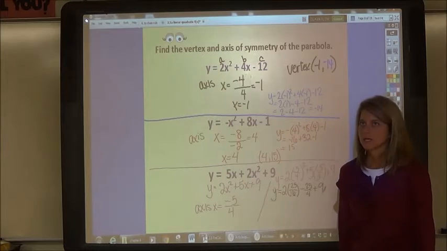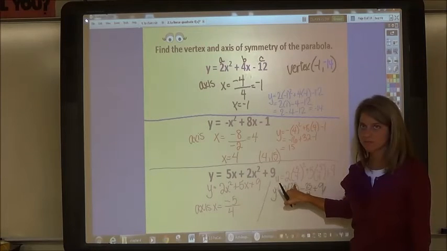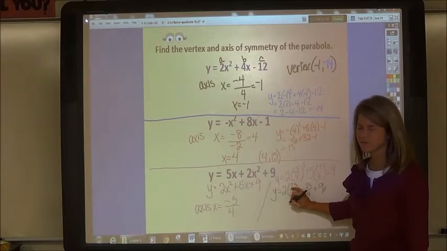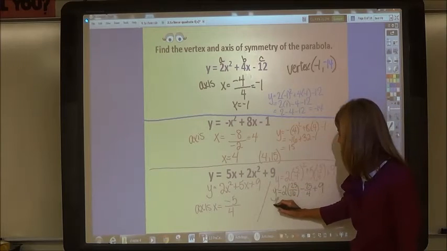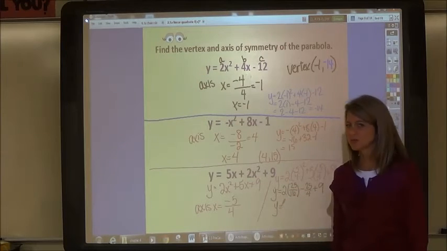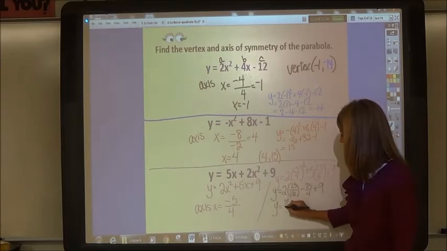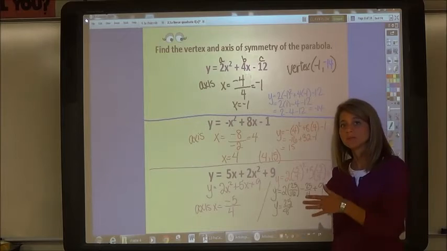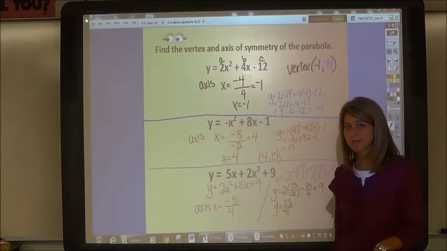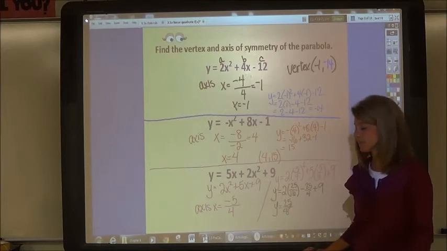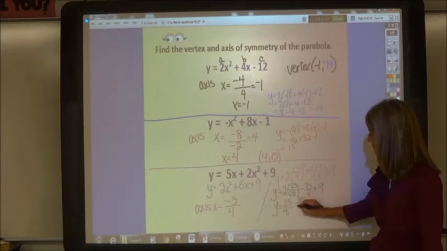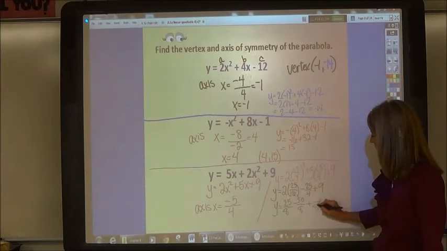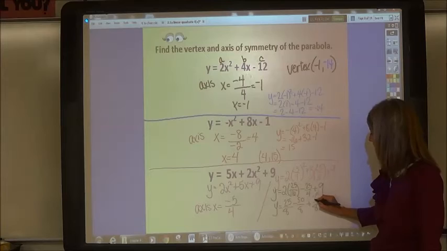Okay, let's see, 2 times 25 is 50. I have 50 over 16. I'm thinking I can reduce 50 over 16. 25 over 8. Okay, and I'm going to turn everything into 8 so that I can add and subtract my fractions when they have a common denominator. 9 is 72/8.